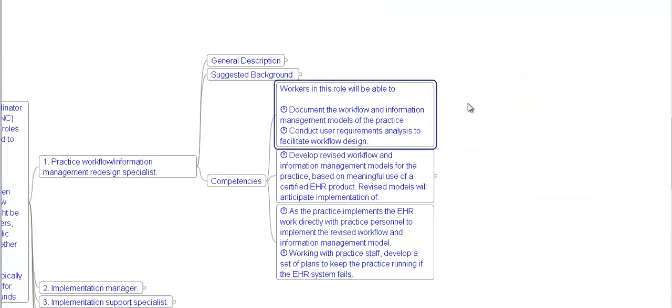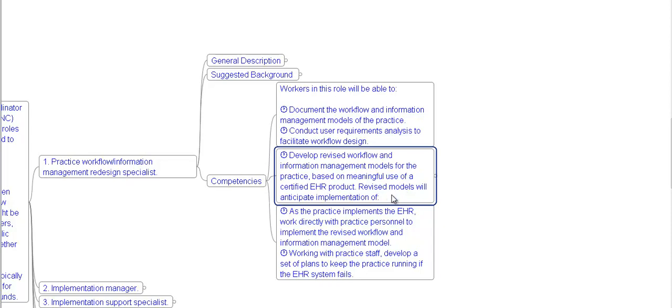Workers in this role will be able to document the workflow and information management model of the practice, and conduct user requirement analysis to facilitate workflow design. Develop revised workflow and information management models for the practice based on meaningful use of a certified EHR product.